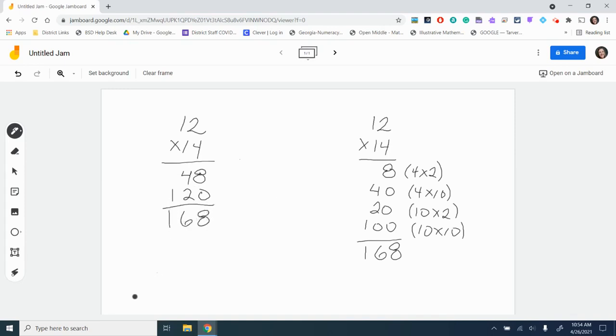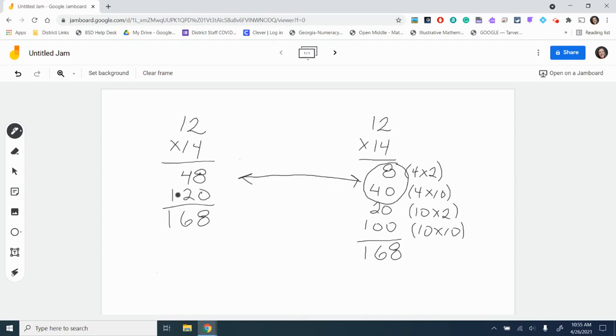All right, now let's see if we can make some connections. This 48, where does this come from? If we're comparing student work, and we have some students using the traditional standard algorithm, and some students who've maybe transitioned from area model to a partial products notation, where does that 48 show up here? Well, what's 8 plus 40? 8 plus 40 is 48, isn't it? 120.